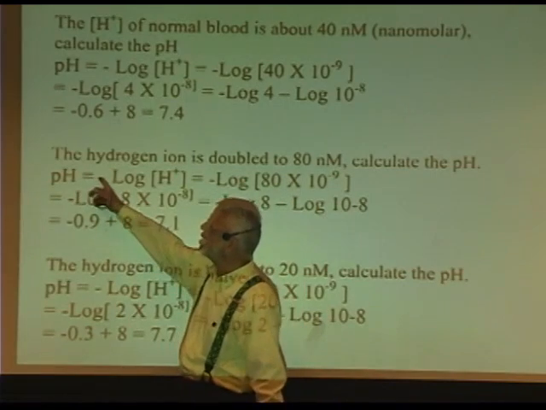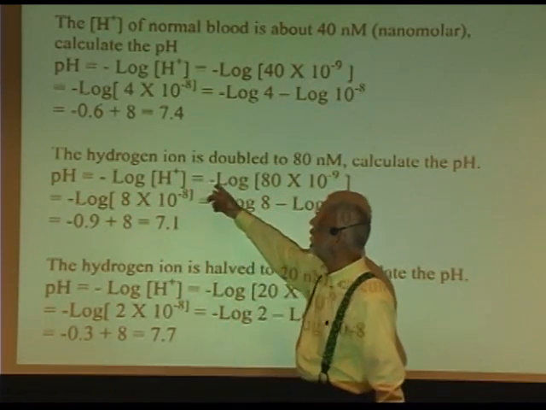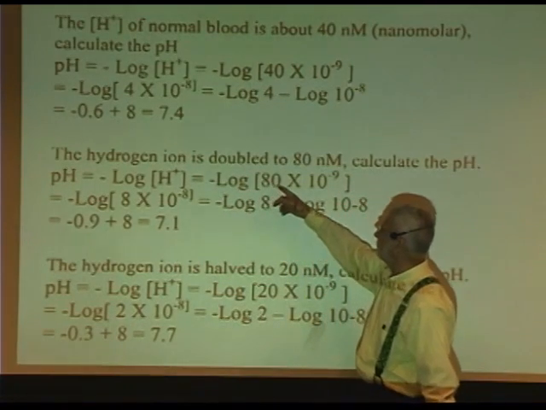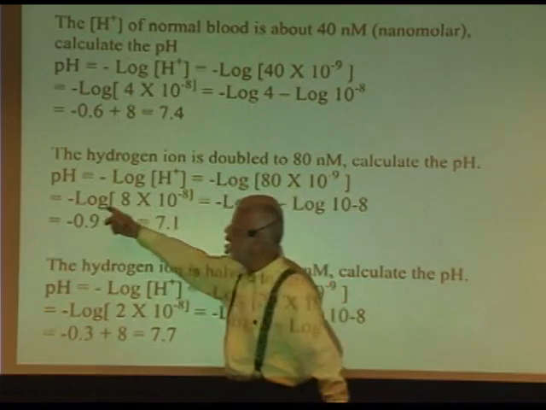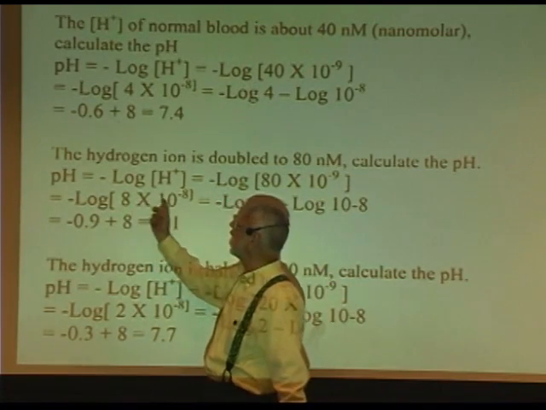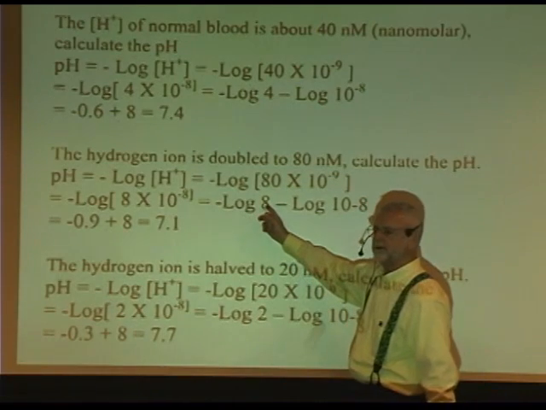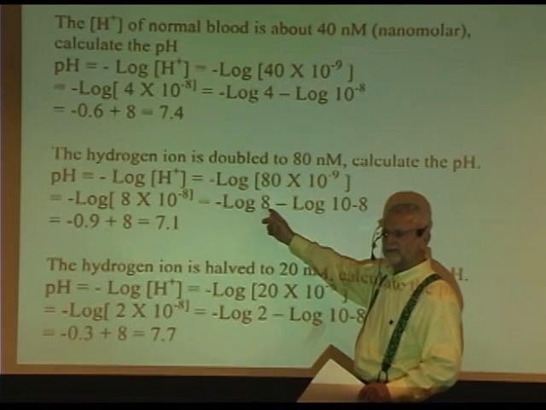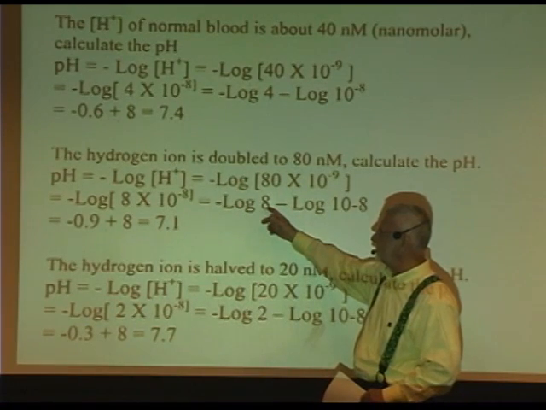The pH equals minus the log of the hydrogen ion concentration, equals minus the log of 80 times 10 to the minus 9th. And that's the same thing as minus the log of 8 times 10 to the minus 8th. That's minus the log of 8. Now, the log of 8 would be the log of 2 times 2 times 2, which would be 0.3 plus 0.3 plus 0.3.